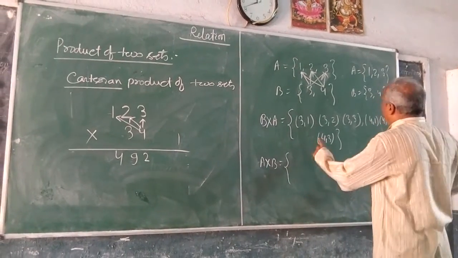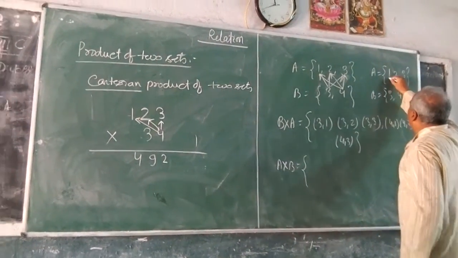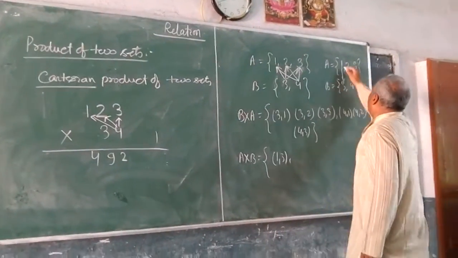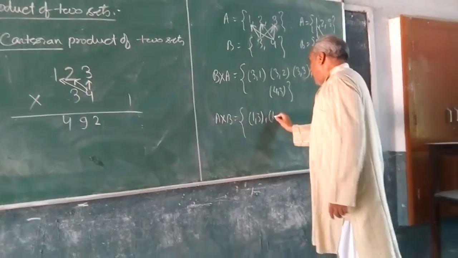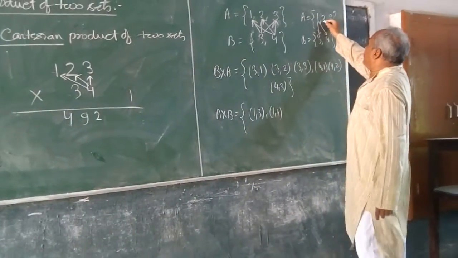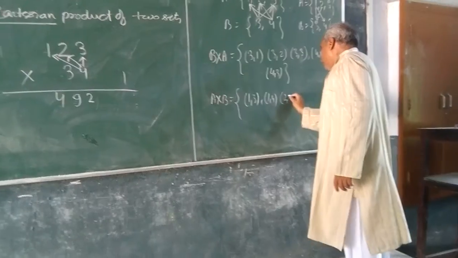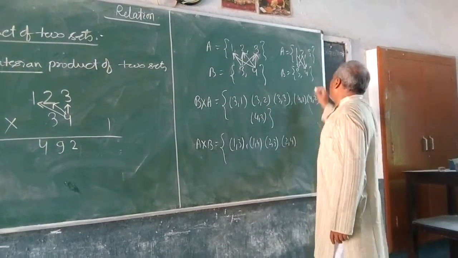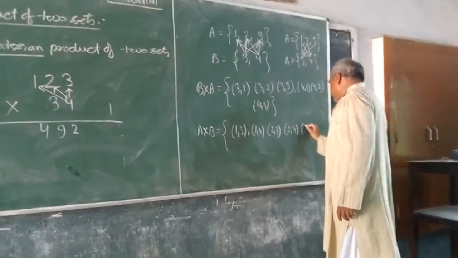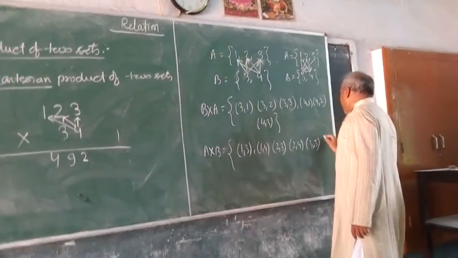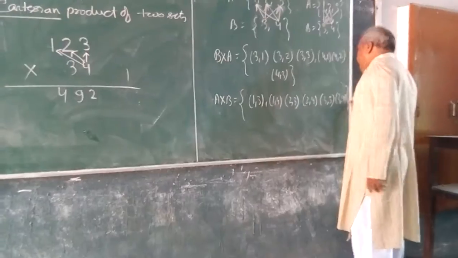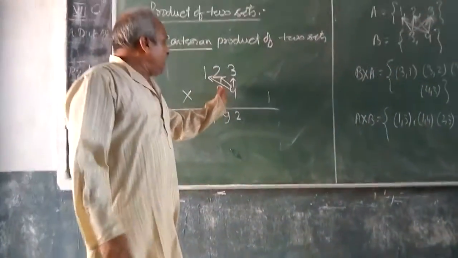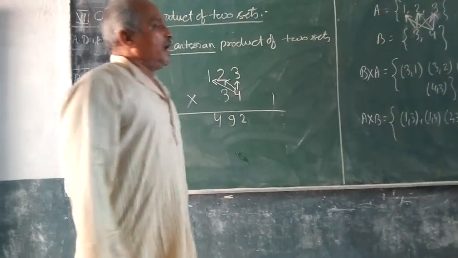We start from A: (1,3), (1,4), (2,3), (2,4), (3,3), and then (3,4). Now you can see how easy these concepts are and how they are correlated with multiplication in arithmetic.